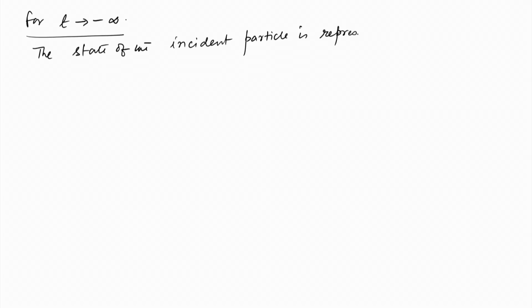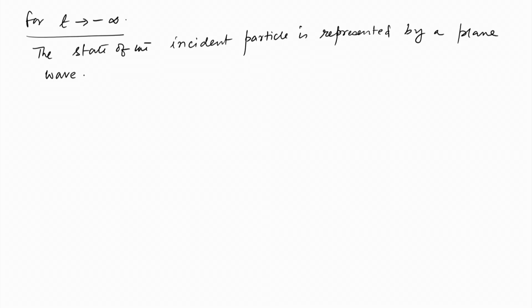Now, for t going to minus infinity, we can assume that the potential is equal to 0. So, the particle that is incident on the scatterer is free and sufficiently far away from the scatterer, and the state of the incident particle is represented by a plane wave, or a plane wave packet.